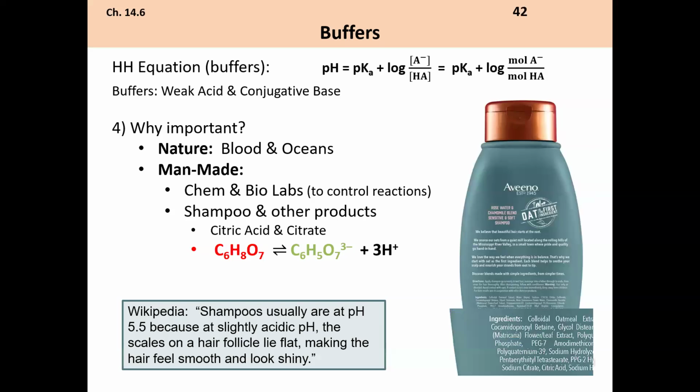On this random bottle, I see sodium citrate and citric acid. This is the acid, and this is the conjugate base. So inside there is a buffer to keep it at a pH that works best for our hair and doesn't damage it.